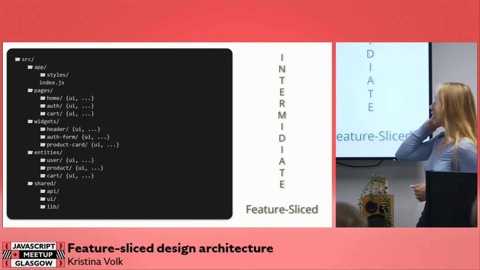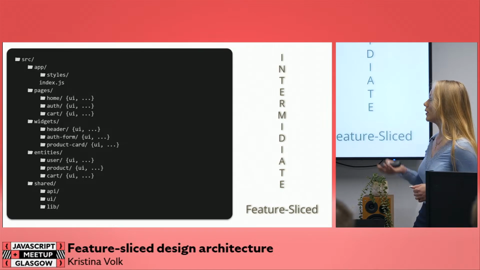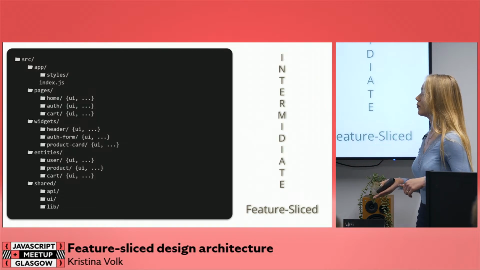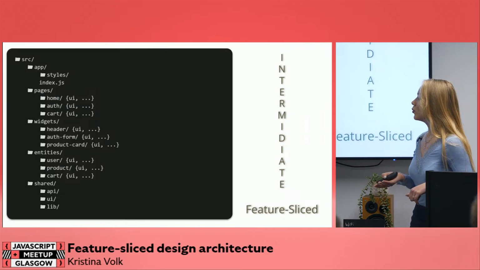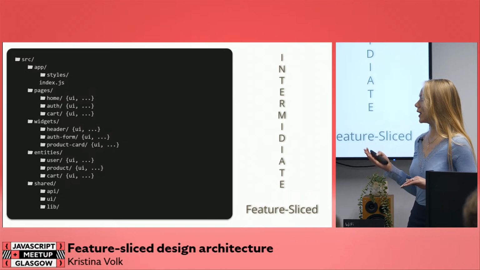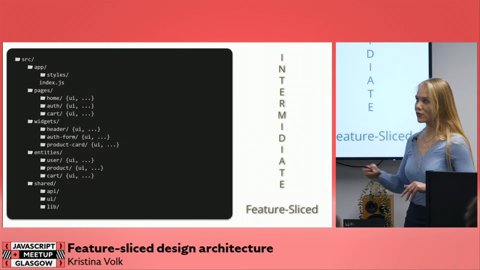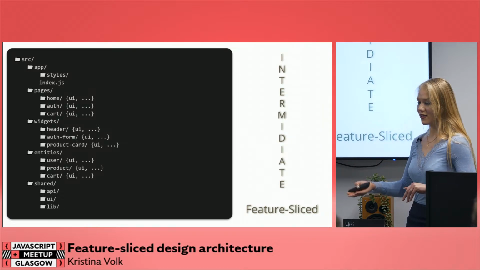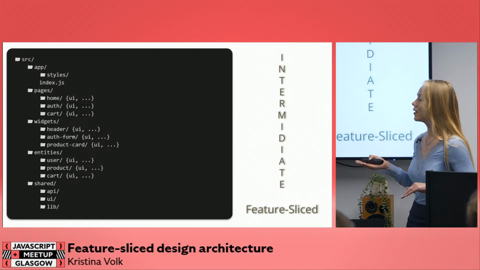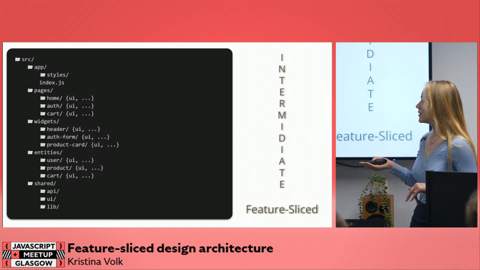And then when we develop a feature, I mean a feature from business, not a feature from FSD, we understand what widgets are bounded and what entities are inside. And here we try to predict the other variations and options, how it will be used in future. So this is again, we think now.